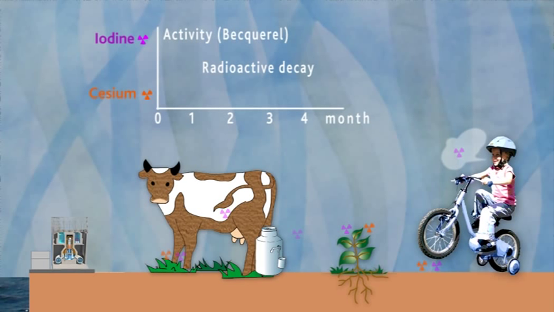Because iodine-131 has a short half-life of about 8 days, it disappears almost entirely by radioactive decay within 2 months. Then radioactive cesium becomes the main source of contamination. It can remain within the upper layers of soil for decades, where it is accessible for plant roots and subsequent transfers within the environment.